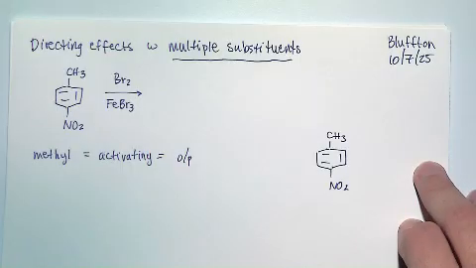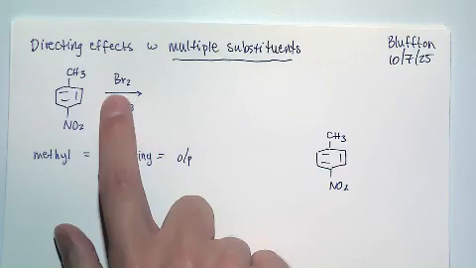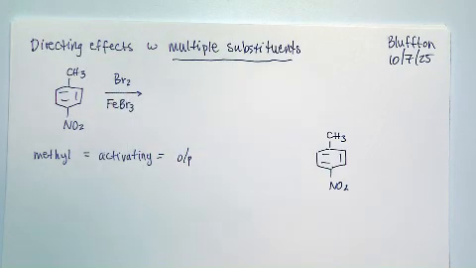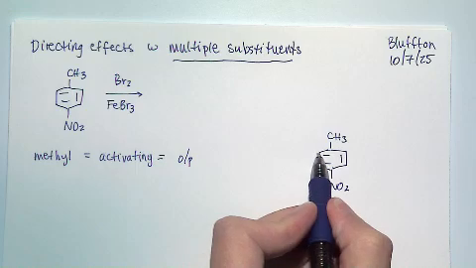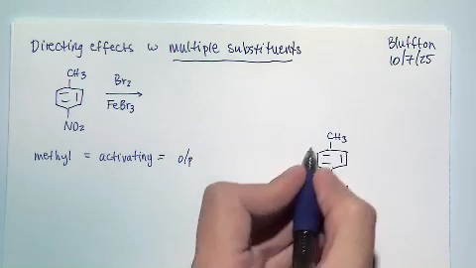The methyl group is going to direct the bromide toward the positions that are ortho and para to the methyl group. Ortho to the methyl group are these two positions here.